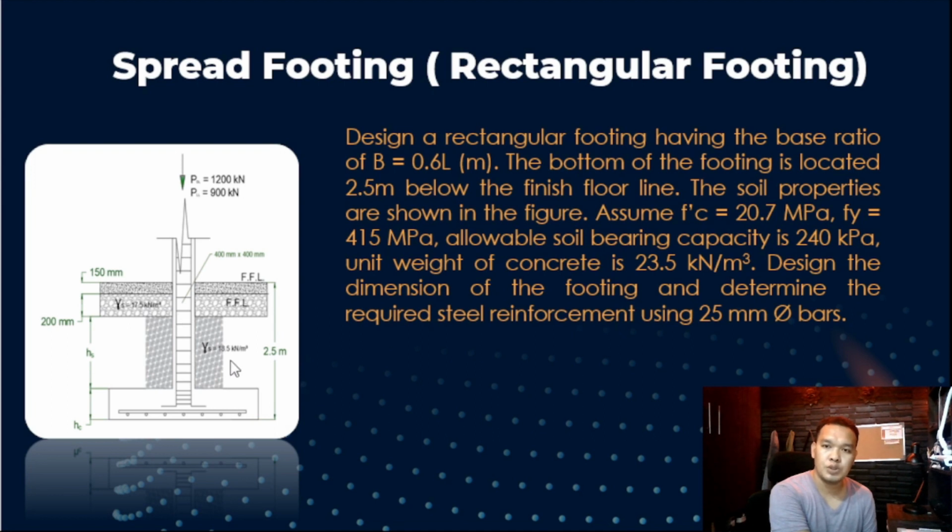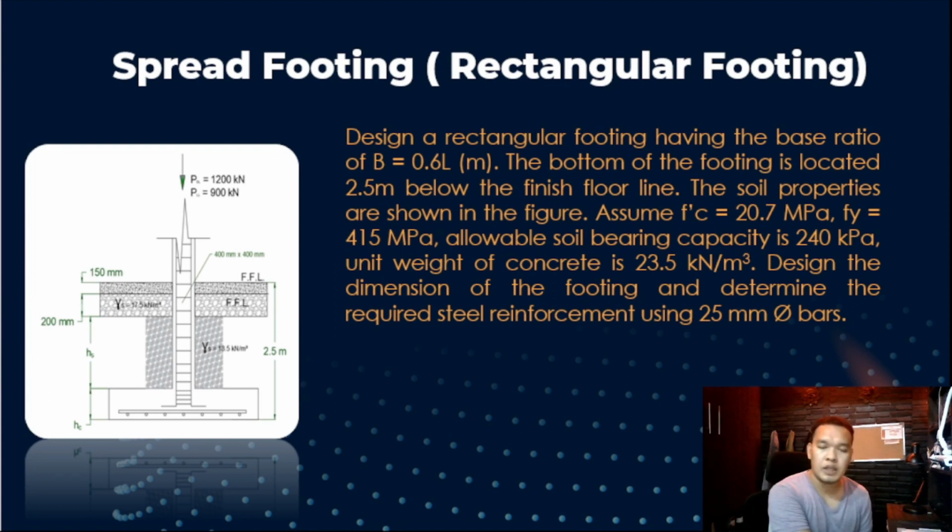We have also a unit weight for the excavated soil, which is equivalent to 18.5 kilonewton per meter cube. And as you can see, from the finished floor line up to the bottom of the footing, we have here 2.5 meters, which is stated also in the problem. No? Okay, so solve tayo.